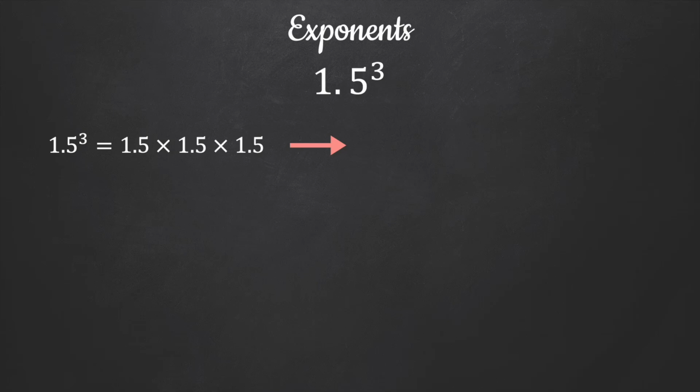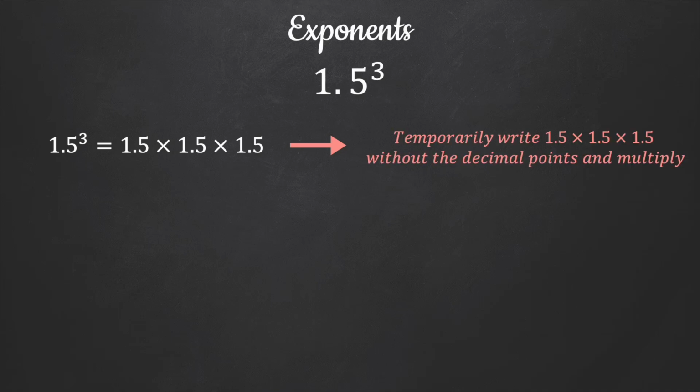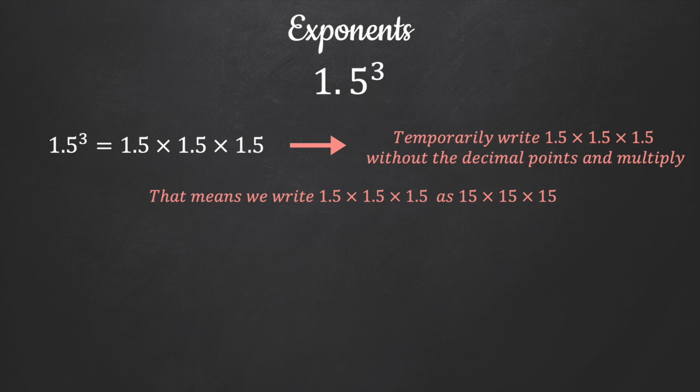Now we're going to go ahead and multiply. Now again, if you struggle with multiplication with decimals, we're going to temporarily write 1 and 5/10 times 1 and 5/10 times 1 and 5/10 without the decimal points and multiply. So that means that we write it as 15 times 15 times 15.